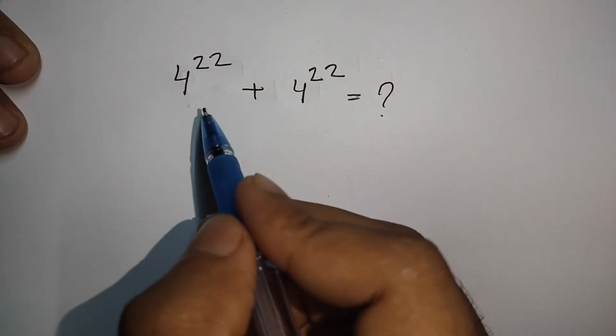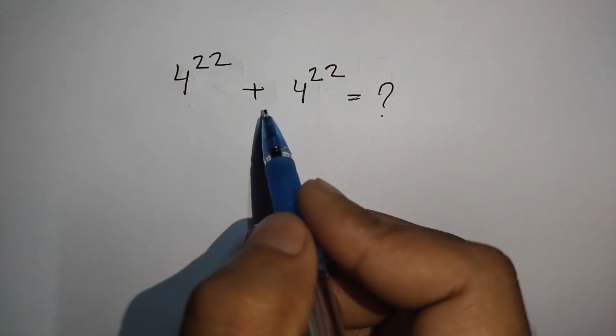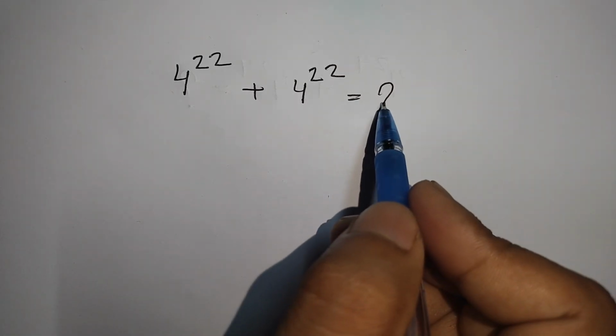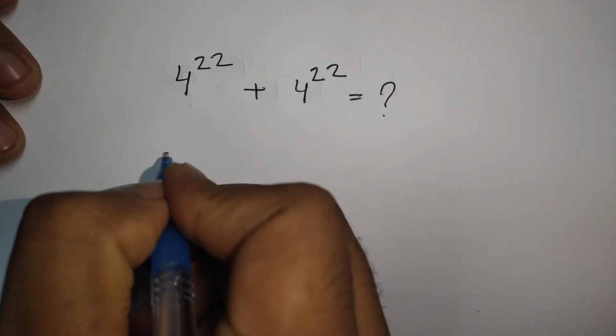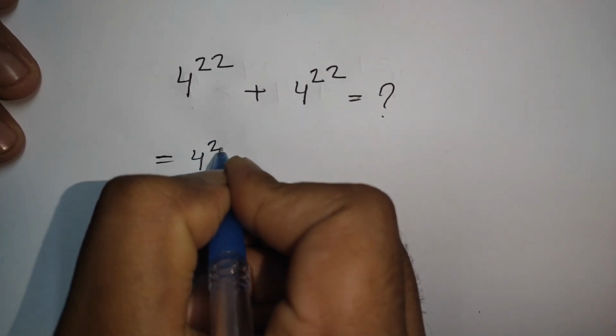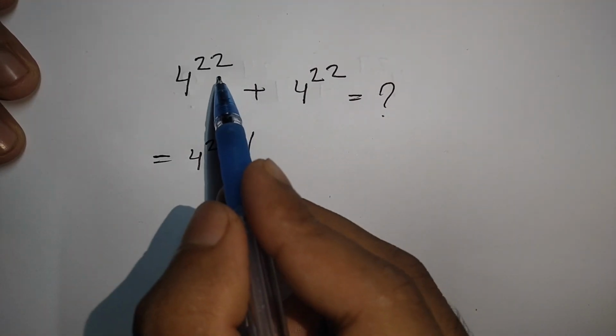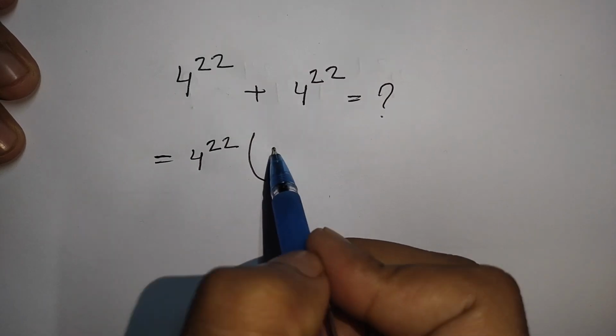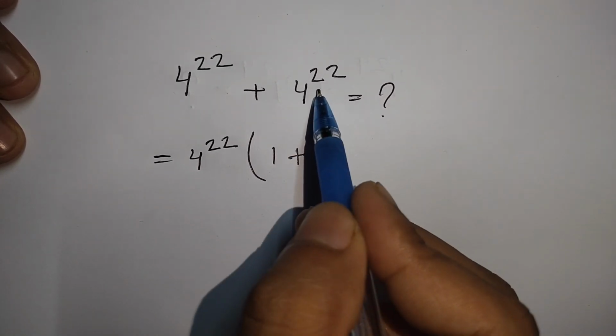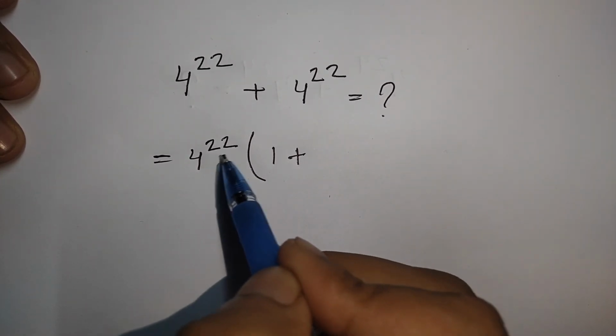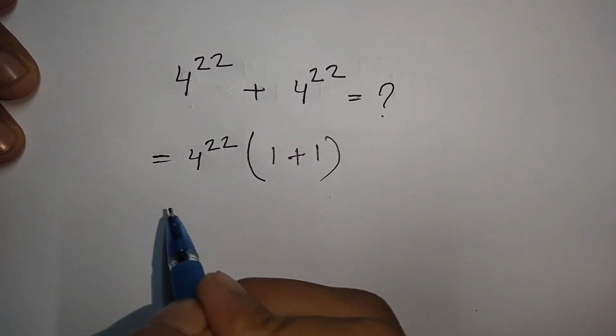How to solve 4 to the power 22 plus 4 to the power 22 is equal to what? At first we take common 4 to the power 22. First bracket start. This divided by this, that means 1, plus this divided by this, that means 1.